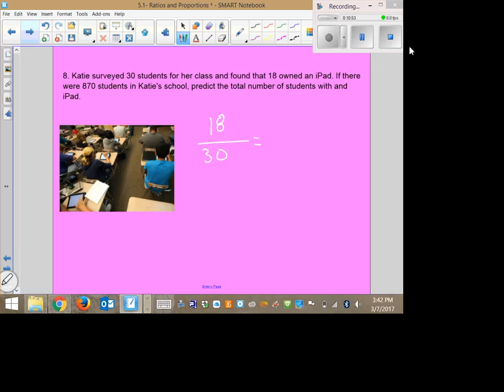And now we're looking at if instead of having 30 students, we have 870 students. We want to know how many own an iPad. We can cross multiply and divide, and we'll get x to be 522 students that own an iPad.